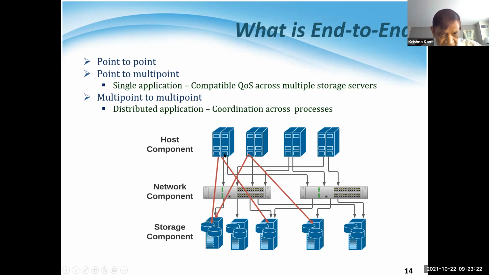You could have a single application which is using storage from multiple storage servers. And obviously, all of it is going over the network. And all of these need to be coordinated together, because if one storage server is giving a good service and the other one is not giving such a good service, then obviously the application's requirements are not satisfied.